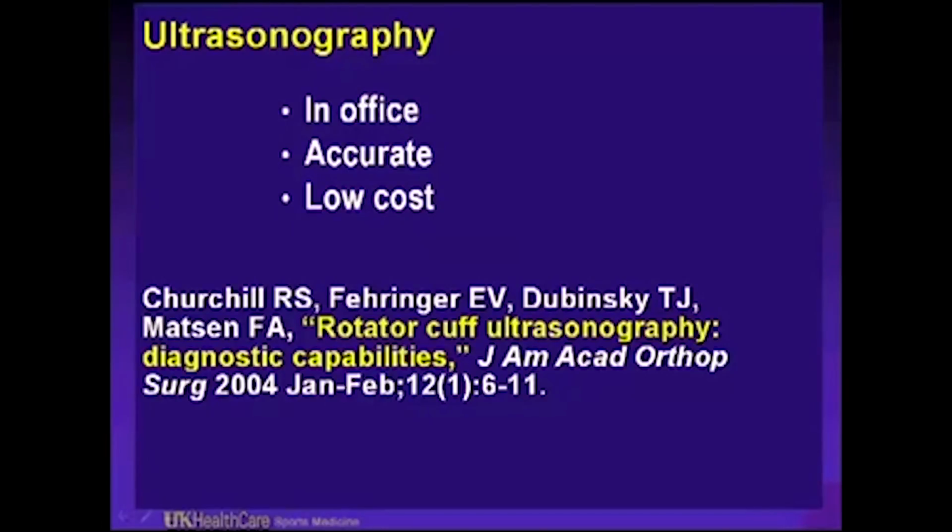Ultrasound is accurate. It's a lower cost than MRI scan. It can be done in the office. And I think this will be something that more and more physicians are trained in doing ultrasound. More radiologists, and also more primary care physicians and orthopedists, both as a diagnostic and a therapeutic maneuver, to be able to treat the tendinopathies about the shoulder, the partial tears, and even to perhaps do some biceps tenotomies with ultrasound guidance.